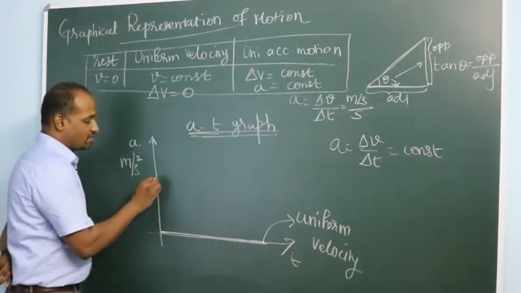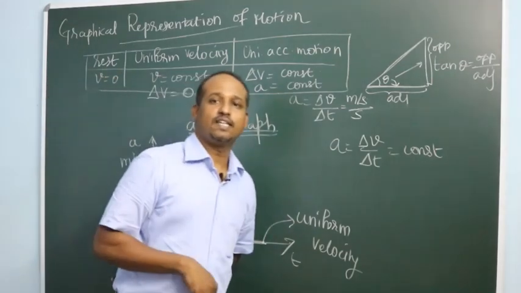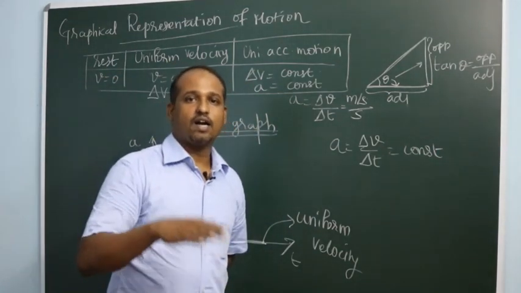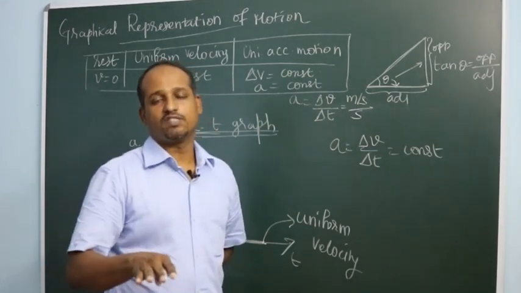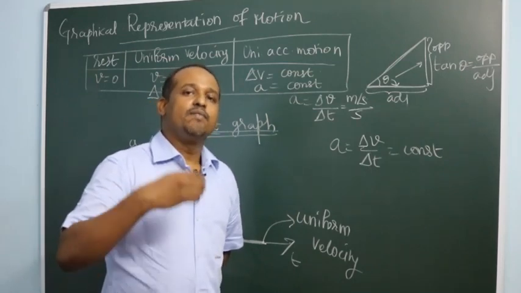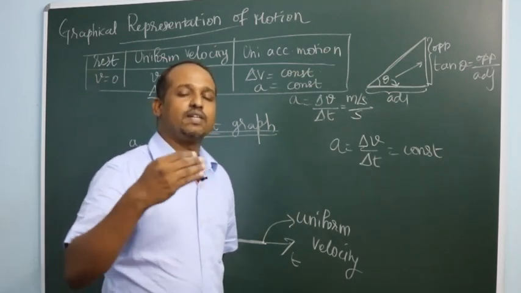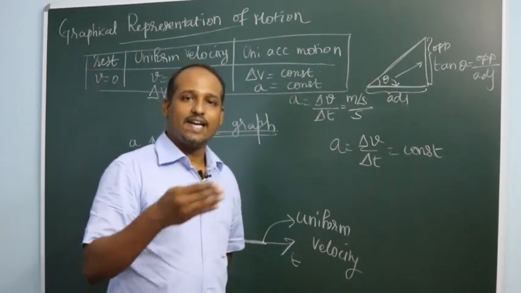When acceleration is constant, there are only two types. One is positive acceleration, the other one is negative acceleration. You're going in a car and you apply brakes and the car comes to a halt. If the braking force is constant, acceleration is constant. Here the acceleration is making the object come to rest. That is why it is called negative acceleration or retardation or deceleration.